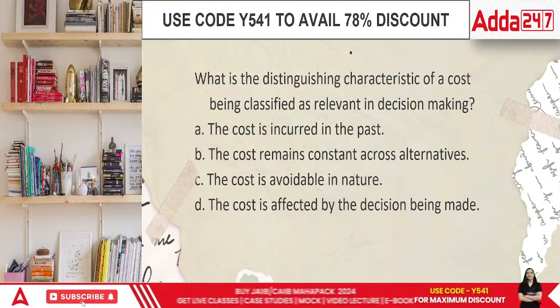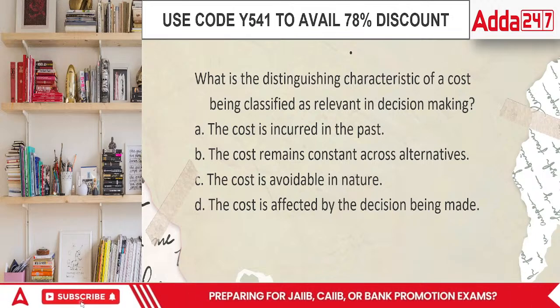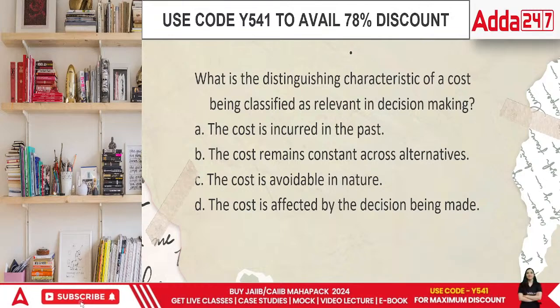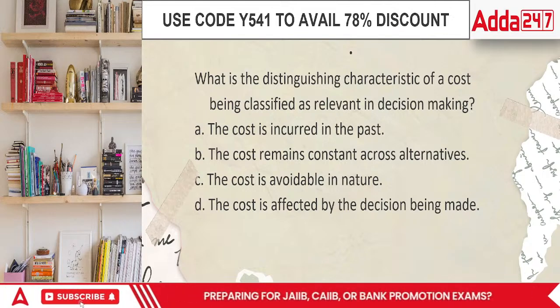The cost is affected by decisions. So everyone, if I take the wrong decision now, then the cost can go up or the cost can go down. Any of these can happen.